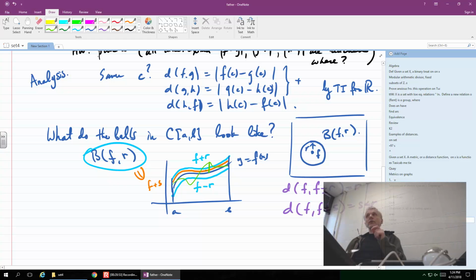If I take the difference of these two functions at some value, say c, it will be larger than R. That green interval there is larger than R in length, and therefore this function, say it is h, does not belong to B of f, R because of that. That gap is too large. But other than that, it does not look that bad. What can we do with that green function in order to bring it close enough to f, so we can say it's within R?